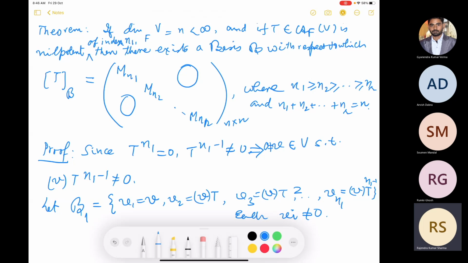You can prove that this is a basis, that means these vectors are linearly independent and they span a subspace called V1.